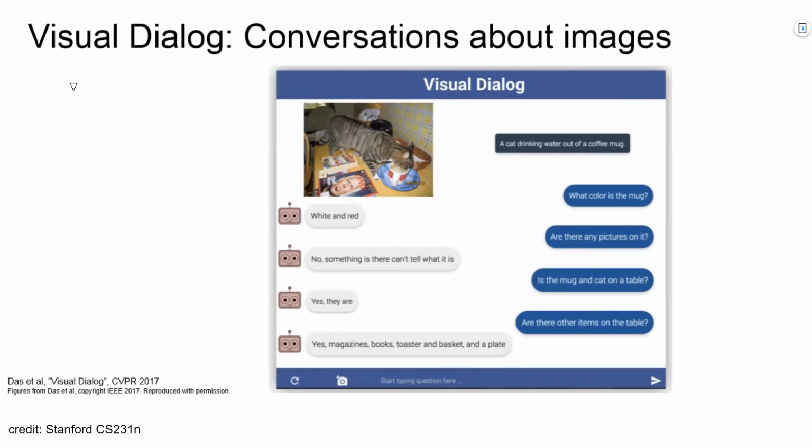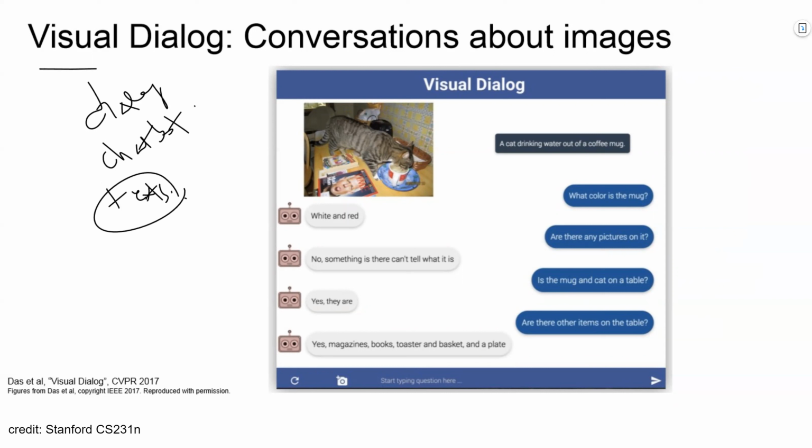And you can also think about visual dialogue. In a general dialogue system, this is sometimes called a chatbot. Now we are communicating using texts. However, in the case of visual dialogue, we can give an image to our chatbot, and we can talk about the image as well.